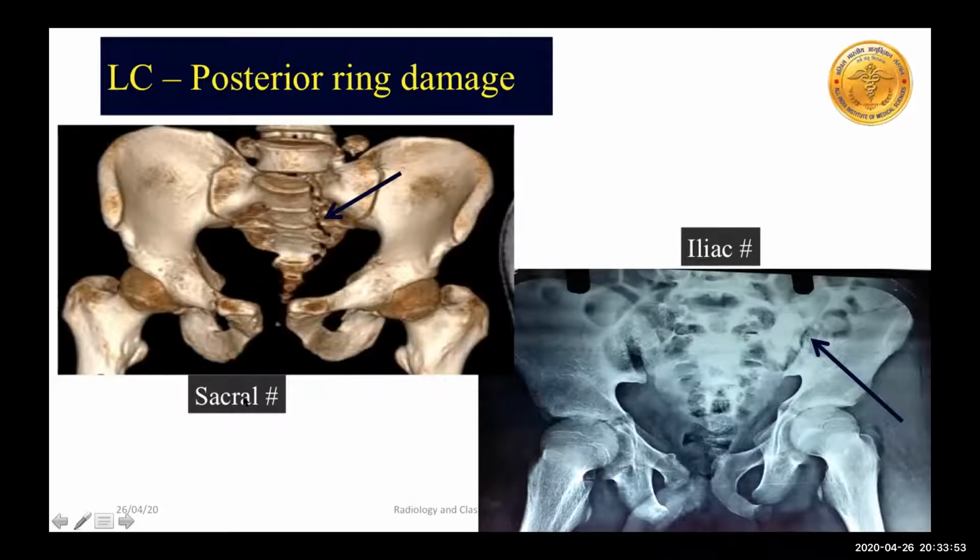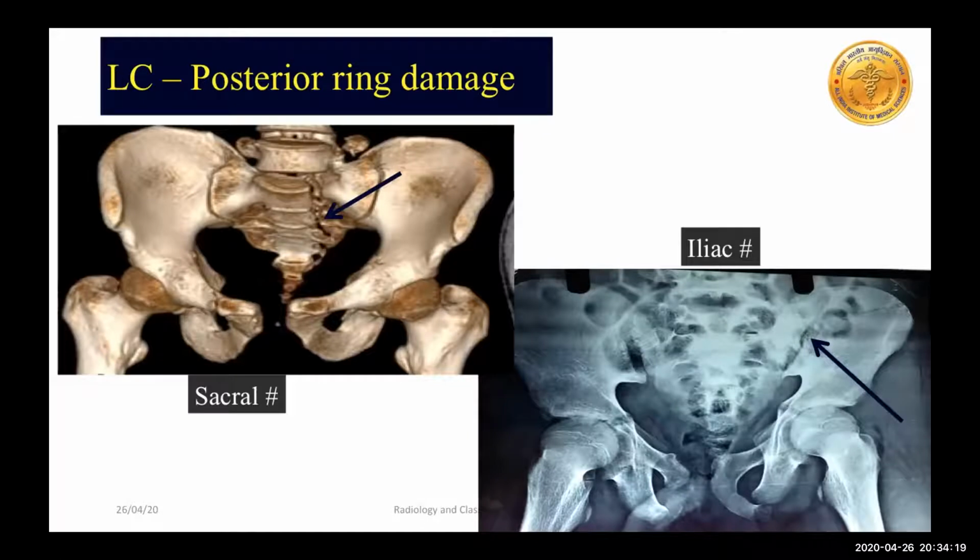On the other hand, you can have a sacral fracture associated with an LC injury, wherein the fracture can happen into the ala of the sacrum. Basically, it can be a zone 1, zone 2, or a zone 3 injury. So essentially, there is an anterior ring damage, a middle ring damage, and a posterior ring damage.